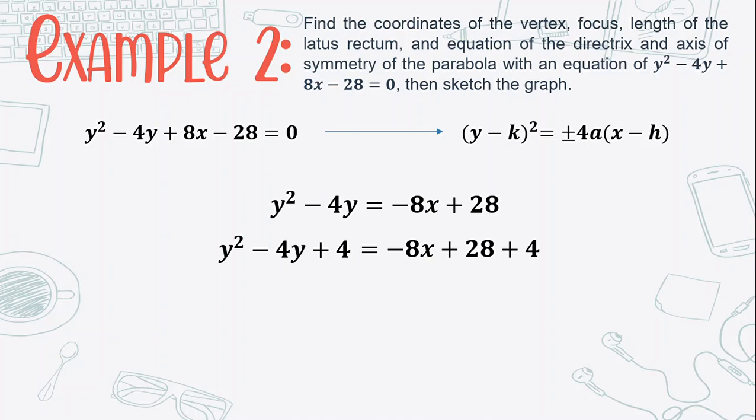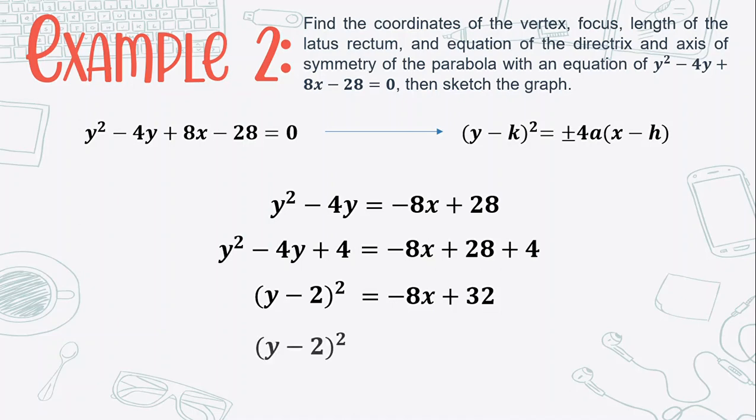Then just combine the like terms and factor y squared minus 4y plus 4, which is y minus 2 squared, is equal to, again combining like terms, negative 8x plus 32. Again, we have to get the length of our latus rectum. Therefore, we have to factor out the other side of the equation too.